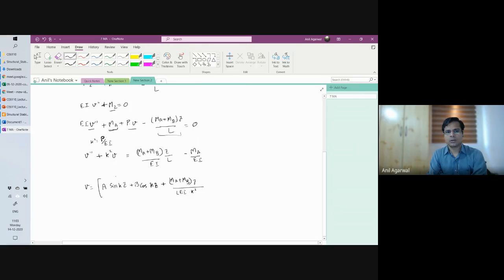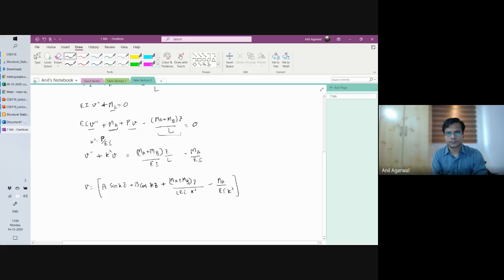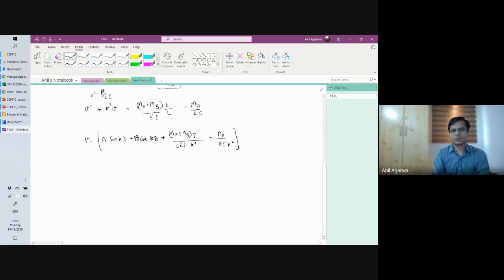So as you do k square multiplied by V, this term k square will go away, and in the second derivative, this term will go away. So we will be left with this term exactly. You are with me, right? Yes, sir. Does it look okay? So this will be a solution to this equation, right?